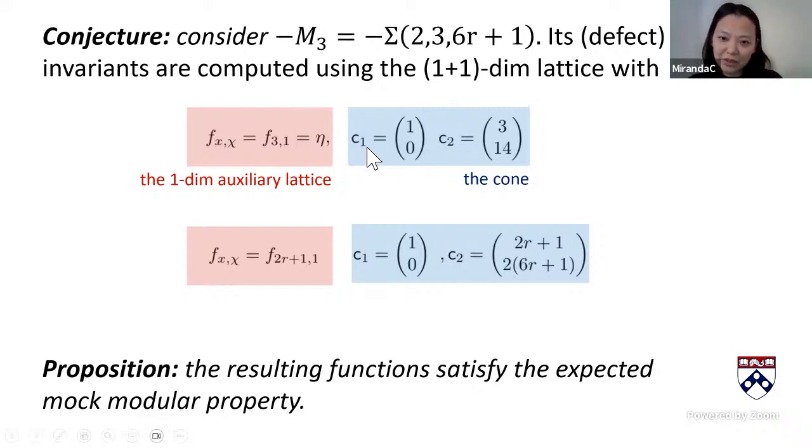For these, we could write down the same, generalizing the 1D theta function and generalizing the cone, in a way that makes sense when we increase R to be other positive integers. Then you could show that the resulting functions have the expected mock modular properties that are consistent with, if you want, the mock Chern-Simons pair conjecture that we phrased in our 2018 paper.